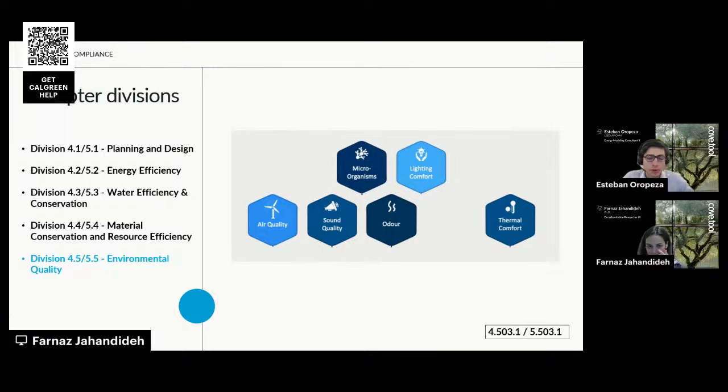So, very, very briefly for this section, you cannot have open combustion for fireplaces. If that's the case, mechanical ventilation also requires MERV 8 air filters for 30% of the design.